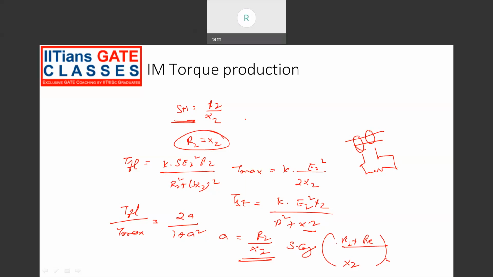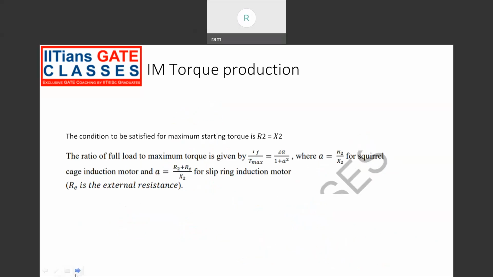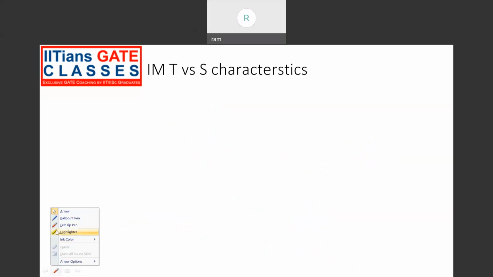Okay, let's go to the next slide. So this is what we have seen in the earlier slide. Now talk about the induction machine torque versus slip characteristics.